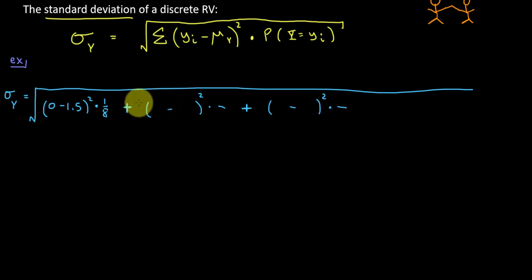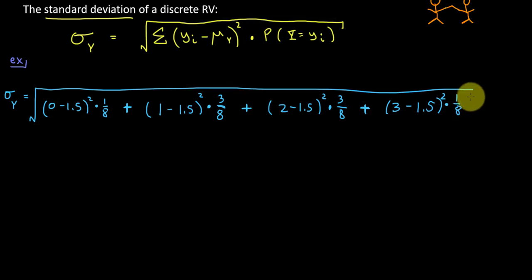Okay, 0 heads, got it. 1 head minus the mean squared, the probability of one tail, I apologize, it's 3/8. 2 tails, subtract the mean, your probability was 3/8. And lastly, we had 3 tails, subtract the mean, square, your probability was 1/8.